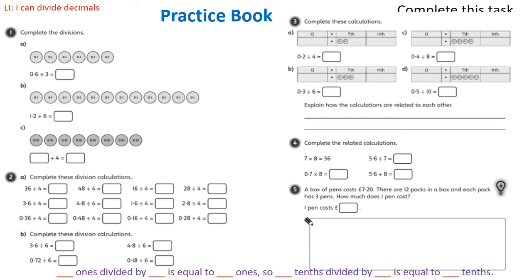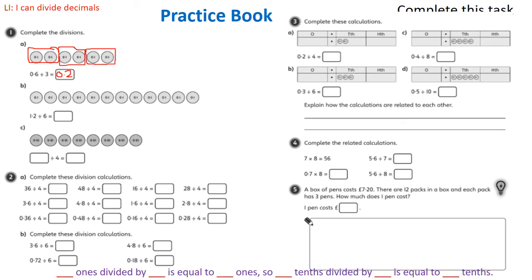So 6 tenths divided by 3 is equal to 2 tenths. So we can write our 2 tenths in as our decimal. We can double check that by thinking, right, if I divide these up into 3 groups, how many place value counters are going to be in each group? There's going to be 2, isn't there?